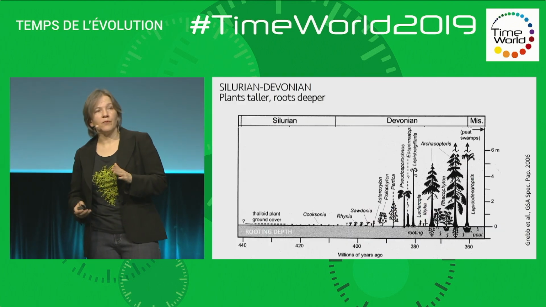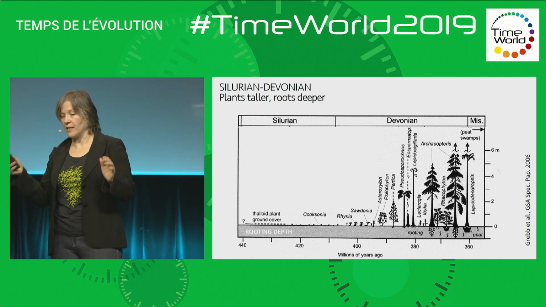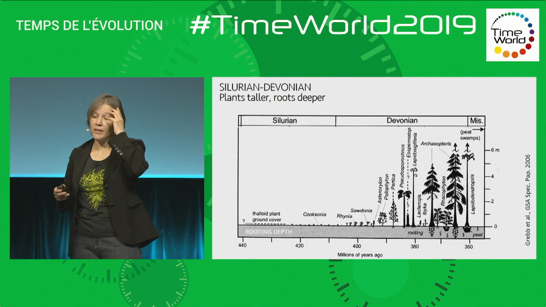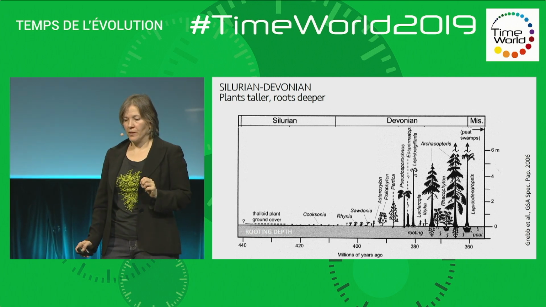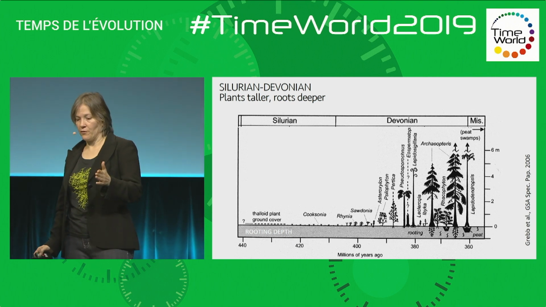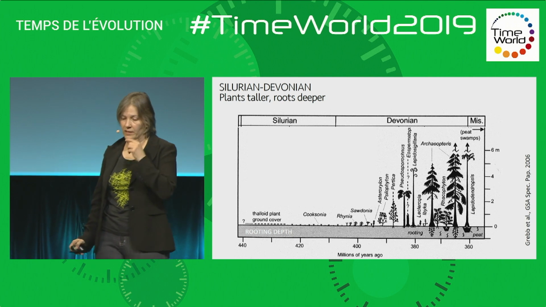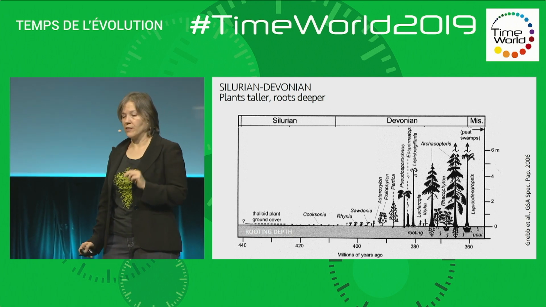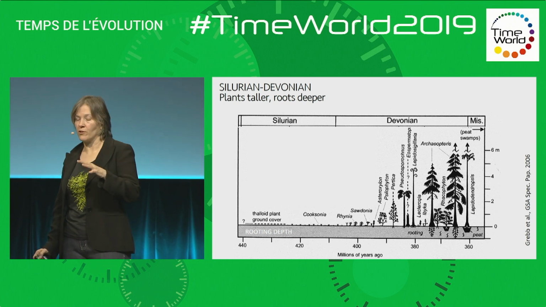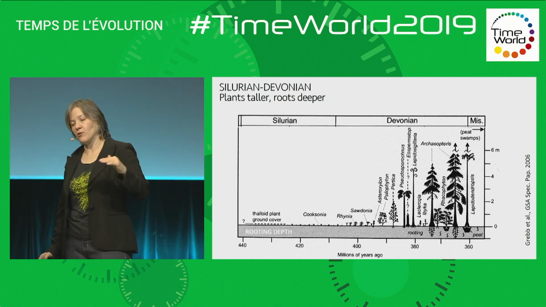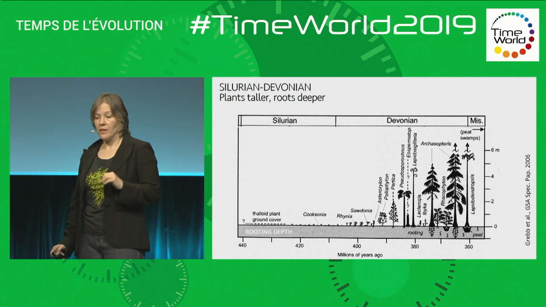This diagram shows more or less what happened during the Silurian and Devonian through time when you look at plant height and rooting depth. So on the left is 440 million years ago, and on the right is 360 million years ago. And you can see on the left that the initial plants were relatively small, they looked like liverworts, and it takes quite a lot of time until the first Cooksonia shows up.